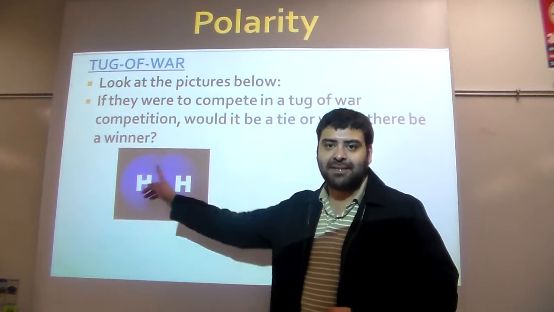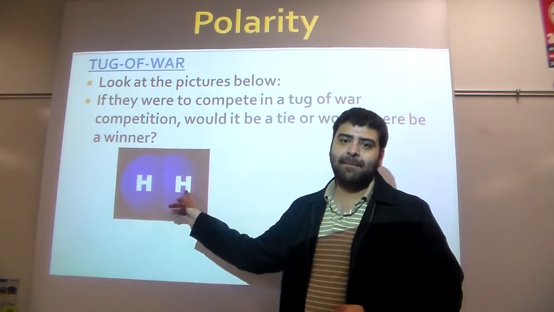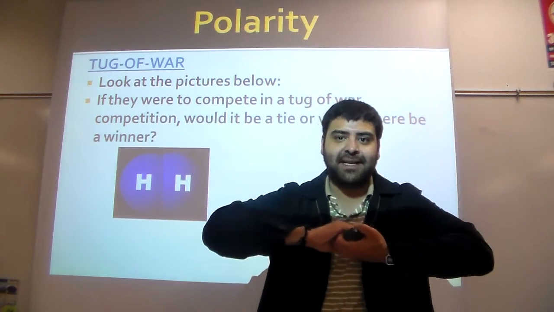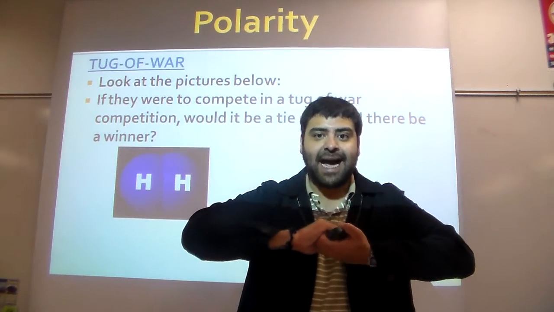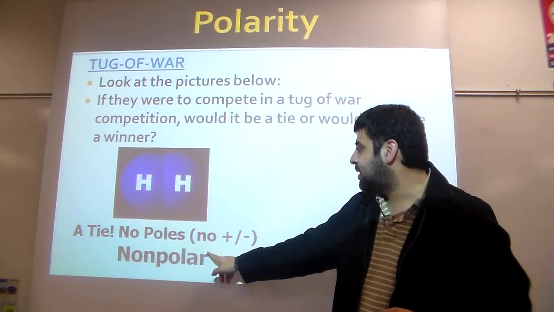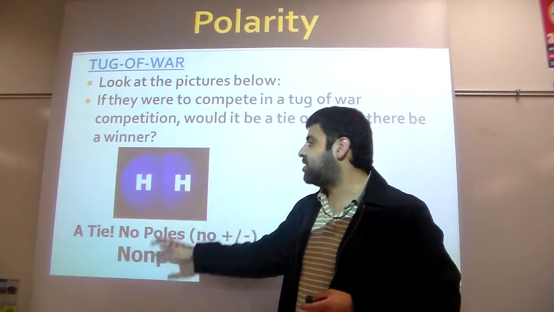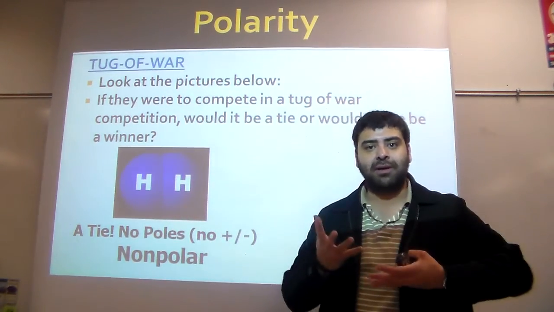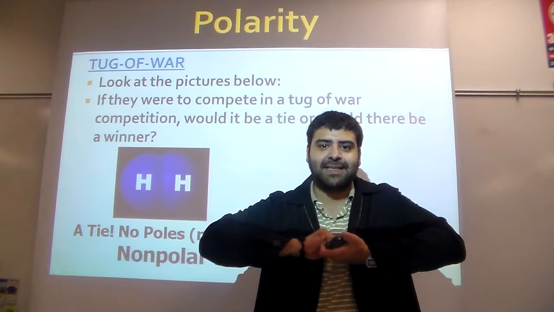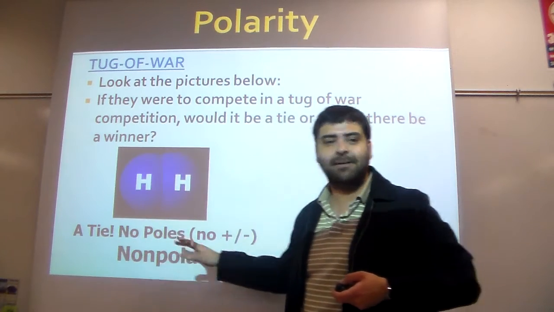Well, hydrogen versus hydrogen, who's going to win, or will it be a tie? Because of the same element with the same strength, the same electronegativity, there's going to be a deadlock, a tie. It's going to be even, right? There's going to be no movement, no poles, no positive and negative end created. So when there's no pull, think of that tug of war where both teams are just stuck there. No one's moving. It's a tie.